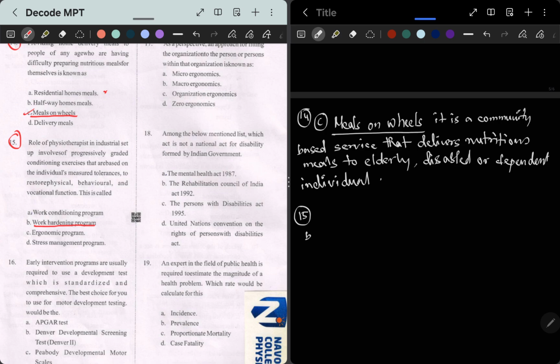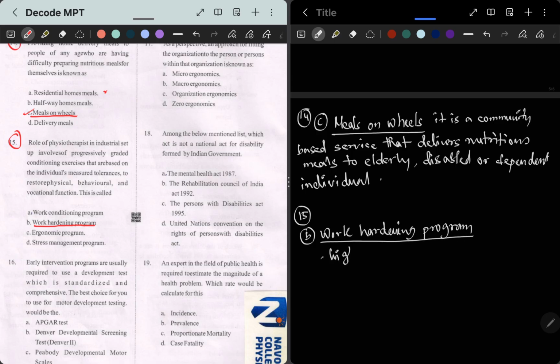So the answer is work hardening program. Why is the answer work hardening program?